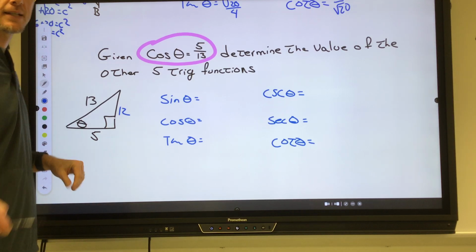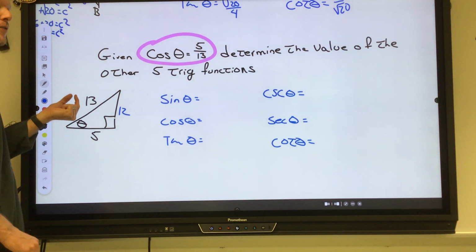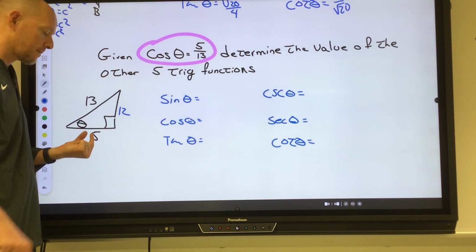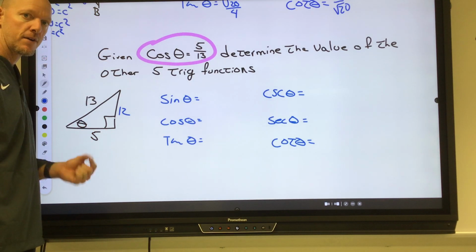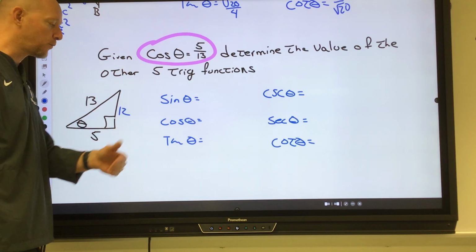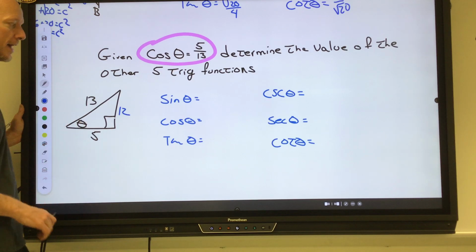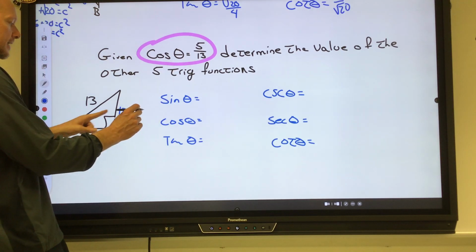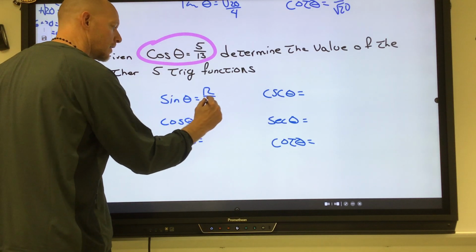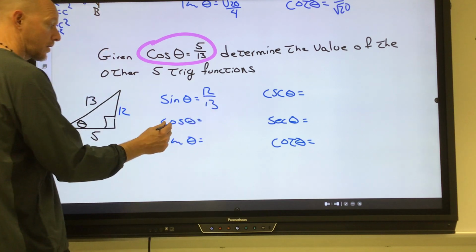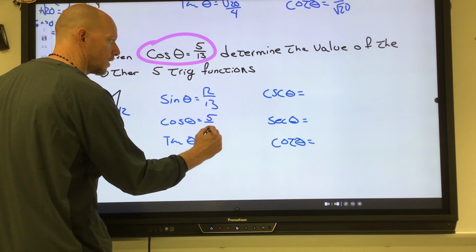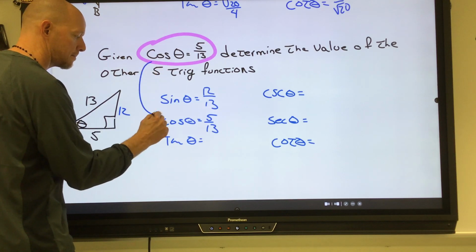If I didn't recognize that as a Pythagorean triple, I would take 13 squared, which is 169, minus 5 squared, which is 25. 169 minus 25 is 144. The square root of 144 is 12. From here, I have my triangle labeled. Sine is opposite over hypotenuse. Cosine is adjacent over hypotenuse, which obviously matches.